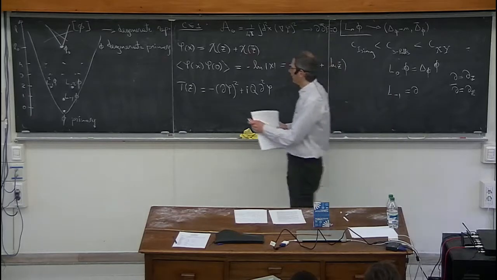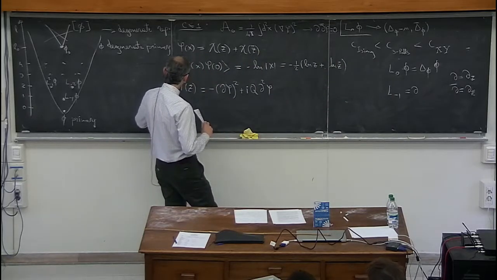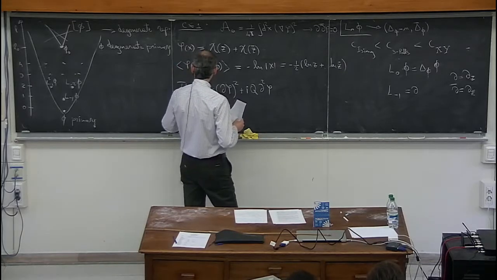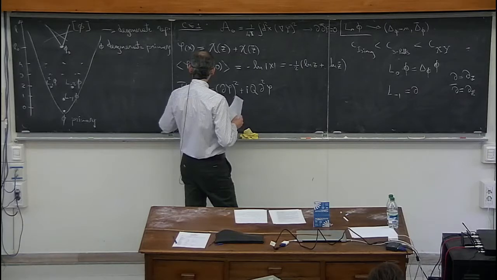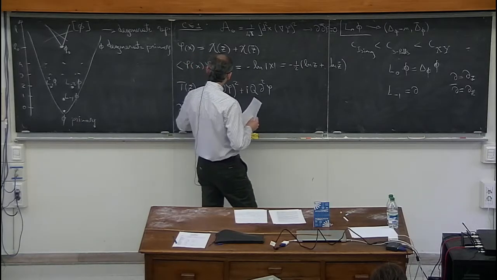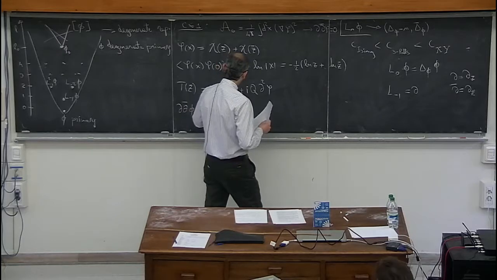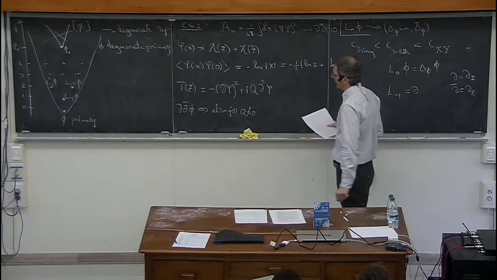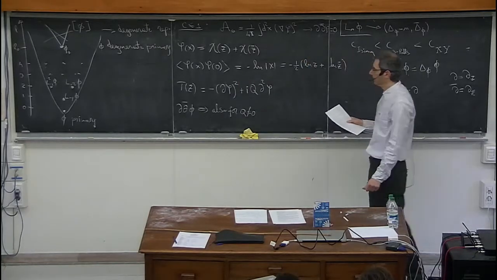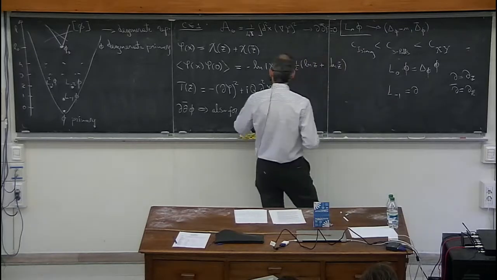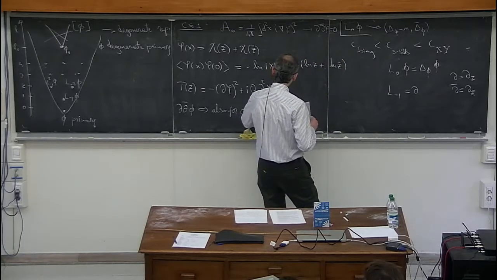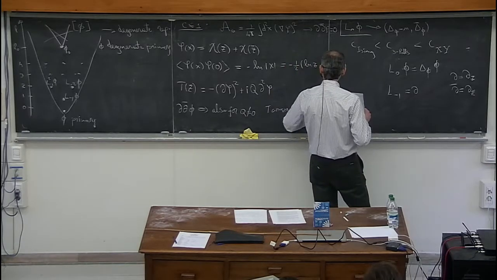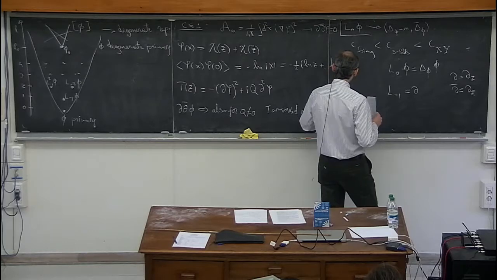But you can use the equation of motion to show that this implies that also for q different from 0, you have the conservation of T, so T conserved, and also energy and momentum are q independent.